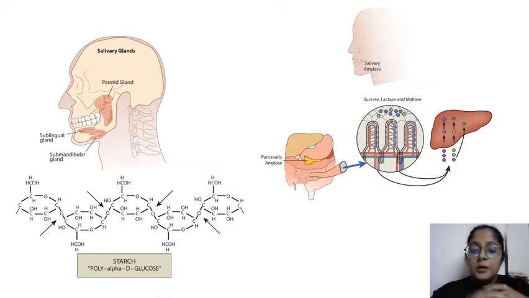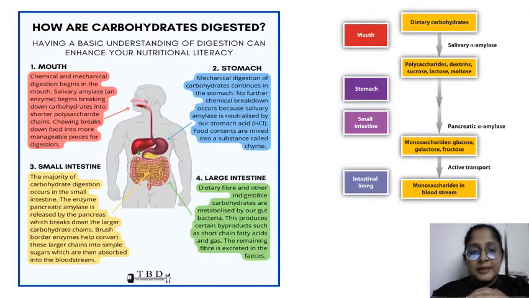Okay, now coming to the next slide. Over here this is the carbohydrate digestion in a nutshell, where we can see that in the mouth, chemical and mechanical digestion begins, and salivary amylase helps in breaking the polysaccharide chains into smaller monosaccharide or disaccharide chains, which are further digested in the small intestine by the pancreatic juice in the duodenum.